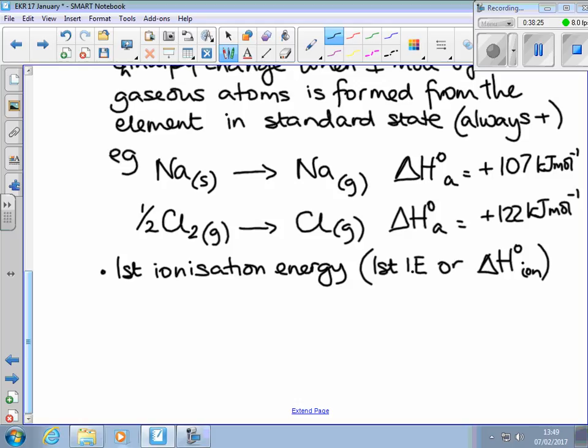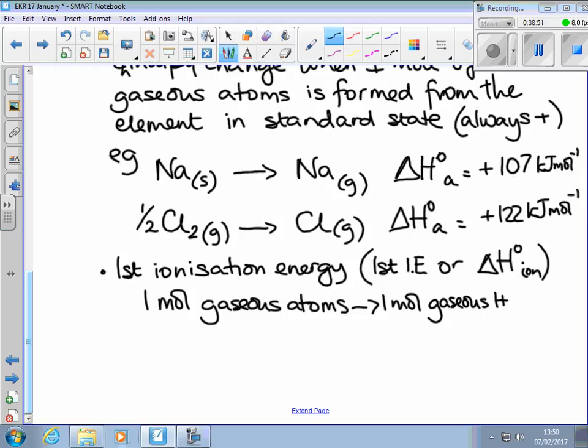So we have met that before, and it's just taking 1 mole of gaseous atoms, which of course we've just created up here, so you can see the direction this is going, I hope, into 1 mole of gaseous 1+ ions.